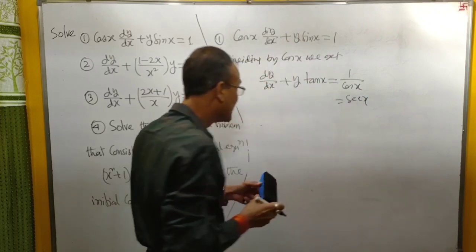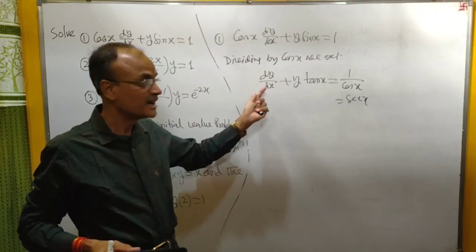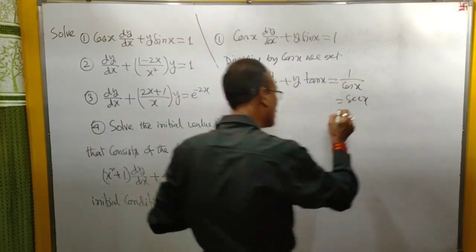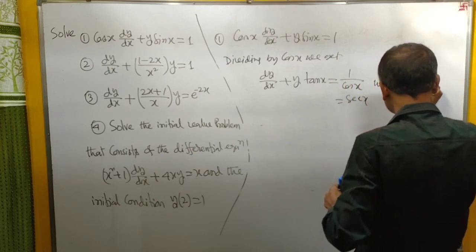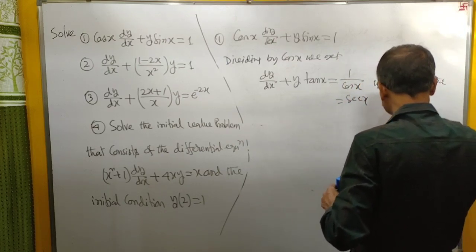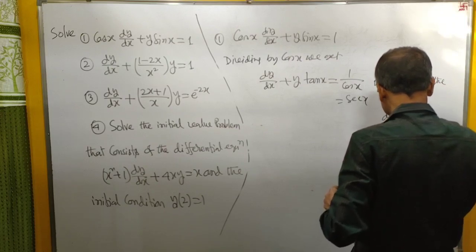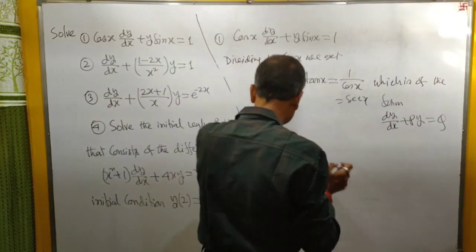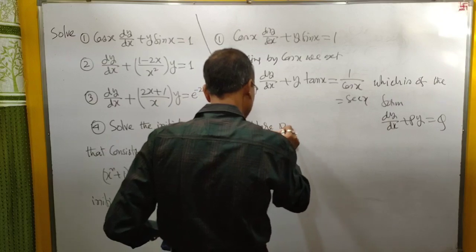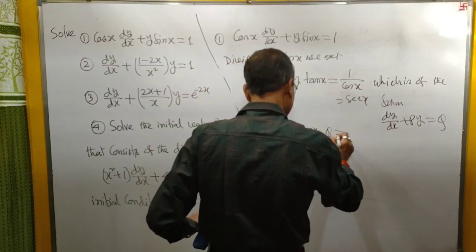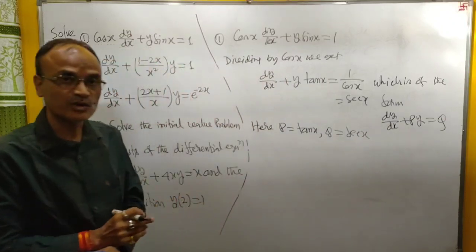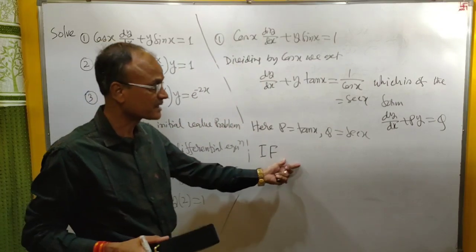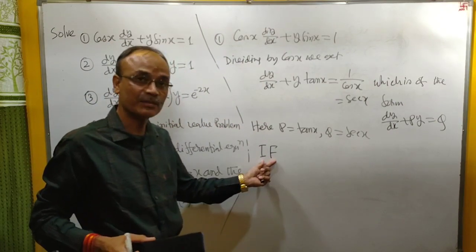Now, it is of the form dy by dx plus py equal to q, where p equal to tan x, q equal to sec x. Integrating factor, we shall write IF.